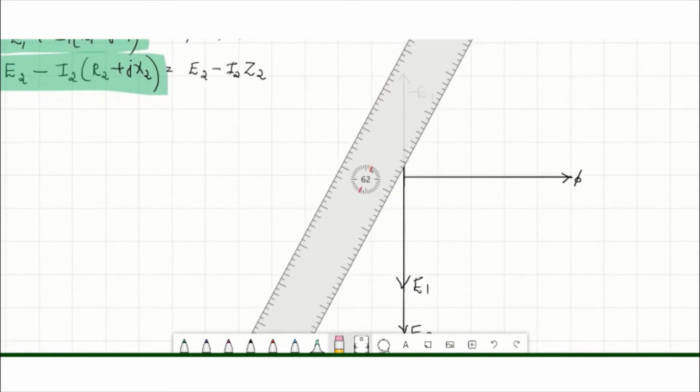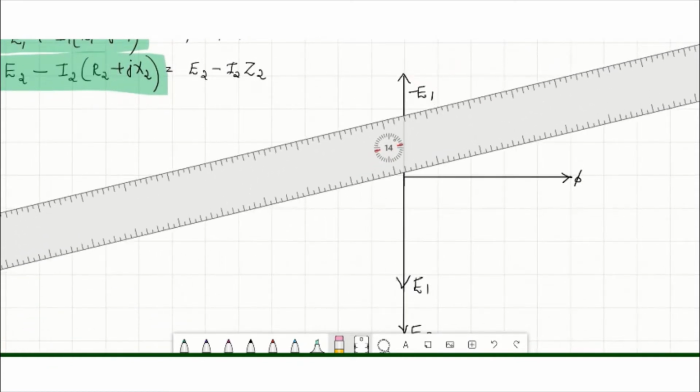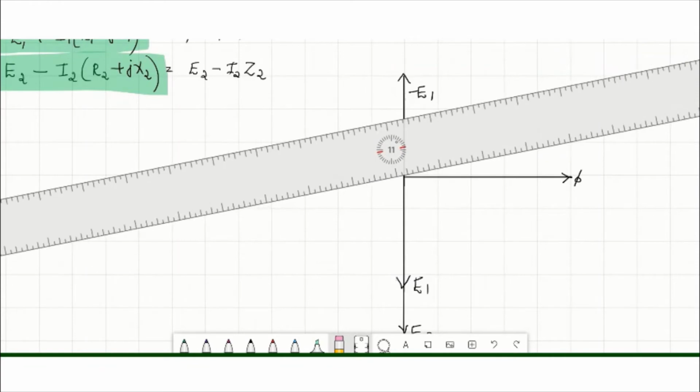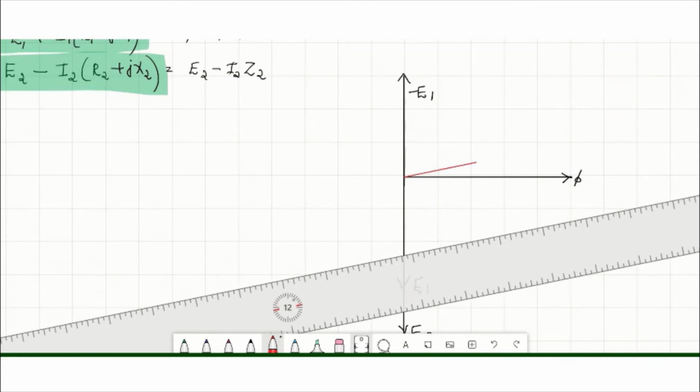Now I am going to draw the no load current I0. No load current I0 will be like this. It will lag E1 by an angle less than 90 degree. This angle of lag will be between 0 and 90.